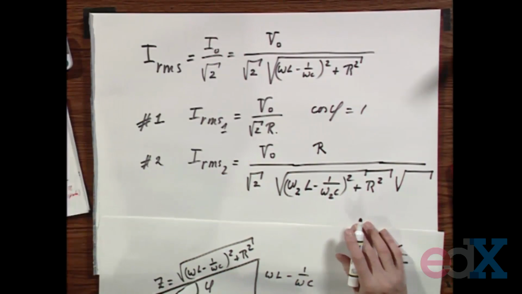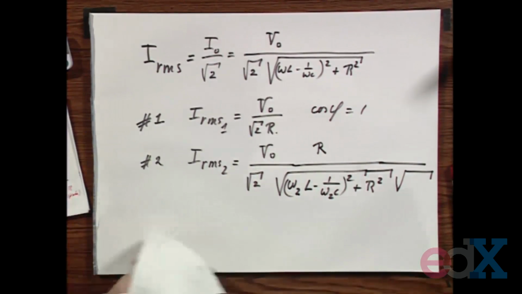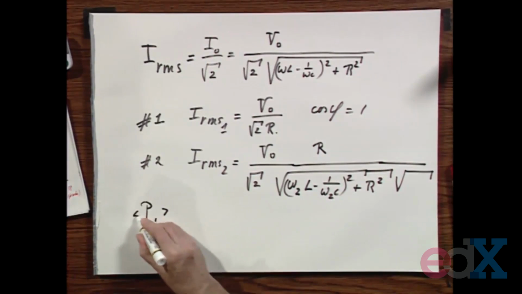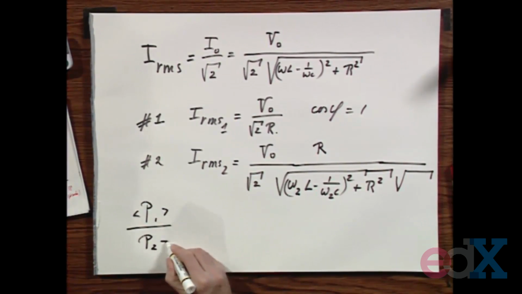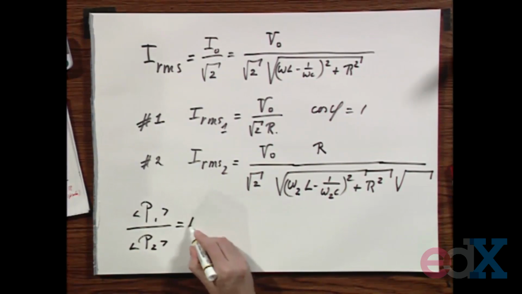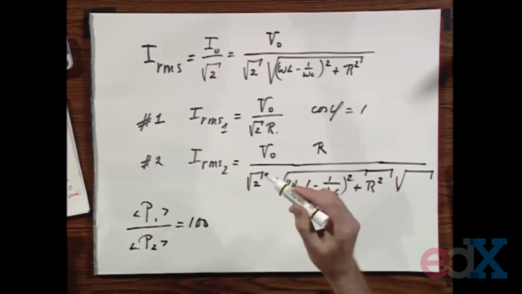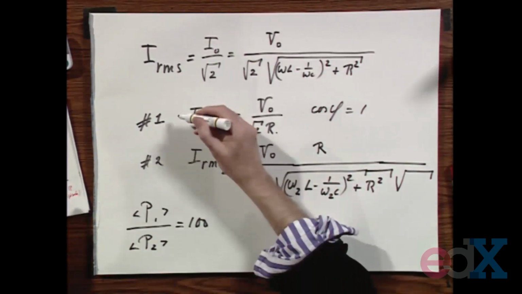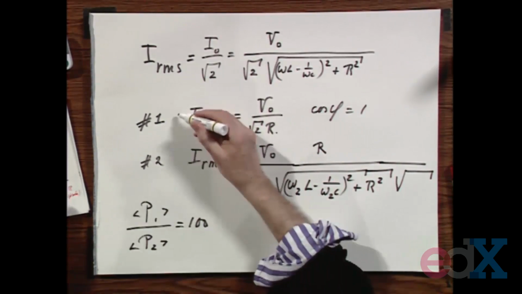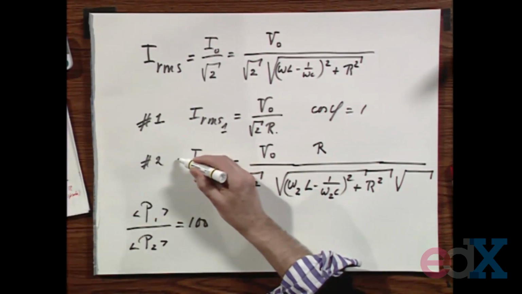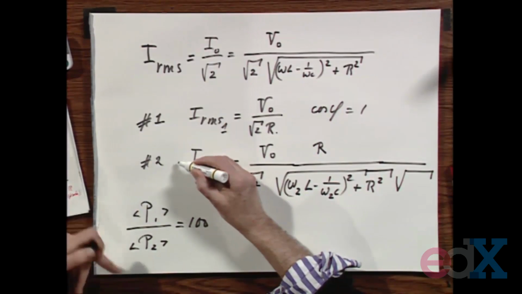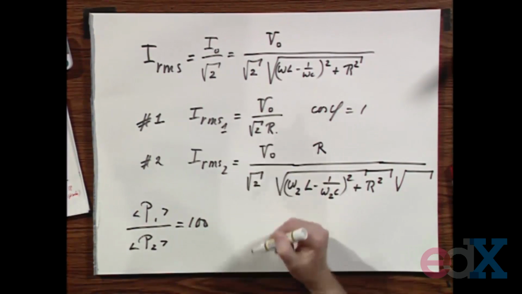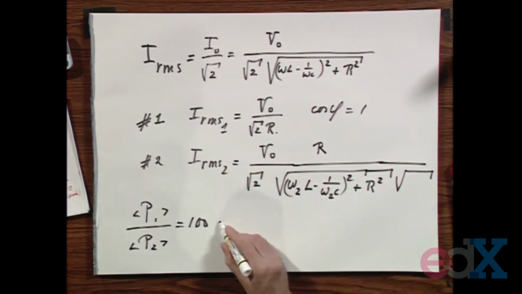And so now my task is to calculate the ratio P1 divided by P2, which is 100. And so I take the ratios of these two values, because the VRMS here is exactly the same as the VRMS here. So when I take the ratio of the power, I can delete the VRMSs, and I can also delete the square roots of 2's. And so what do I get?